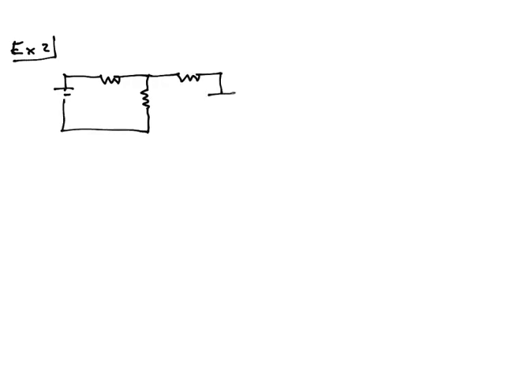Now what I want to do is one last example, but this time we'll do one where it gets a little more complicated. Let's look at this circuit. All right, so 10, 5, 2, 3, 4.